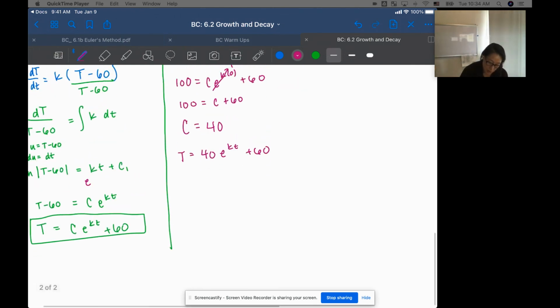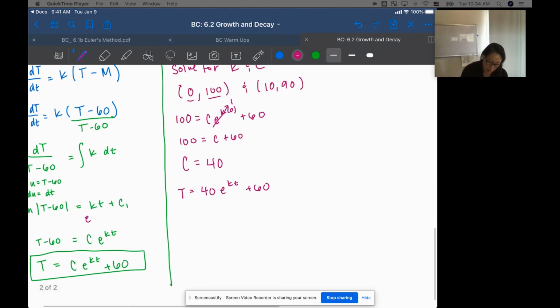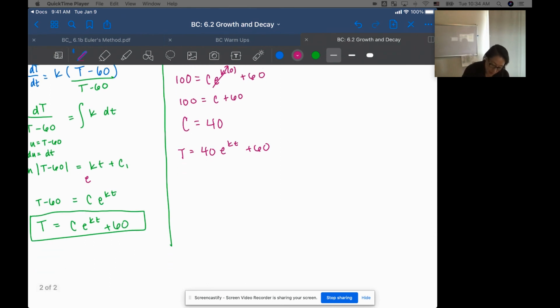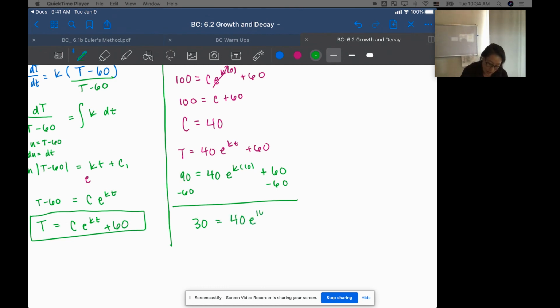Now let's solve for K by using our point 10 comma 90. So 90 is equal to 40 e to the K times 10 plus 60. Subtract 60, giving us 30 is equal to 40 e to the 10K.